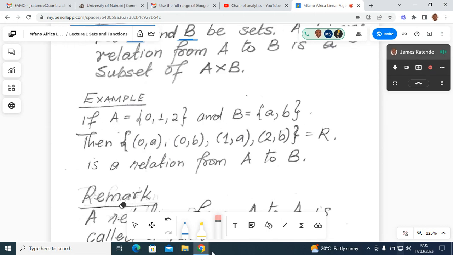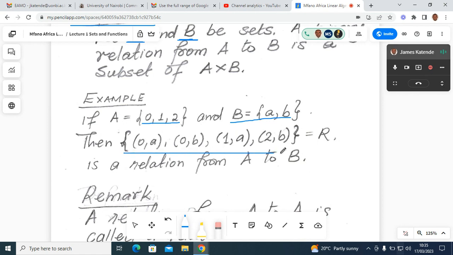So here's an example. Suppose we have a set A consisting of 0, 1, and 2, and another set B consisting of the letters a and b only. So we can pick a subset of the Cartesian product of A and B. We pick 0 and a, we pick 0 and b, we pick 1 and a, and we also pick 2 and b.